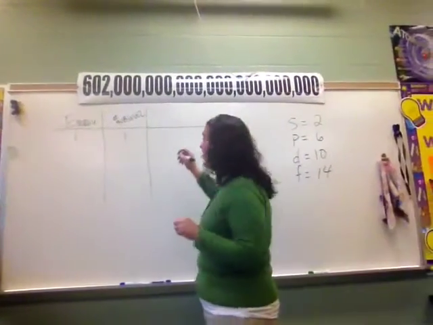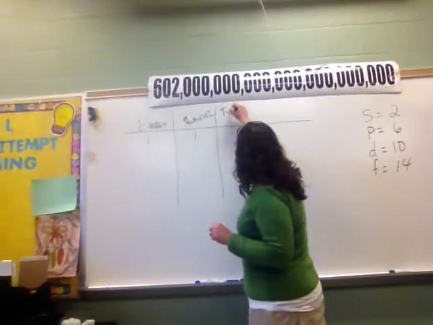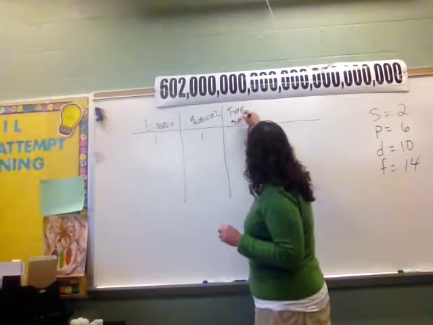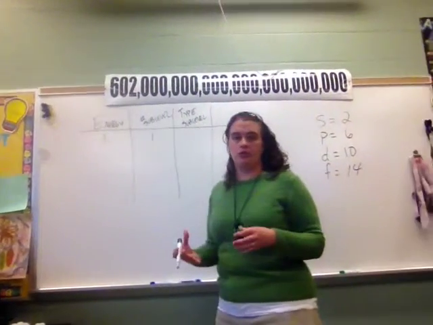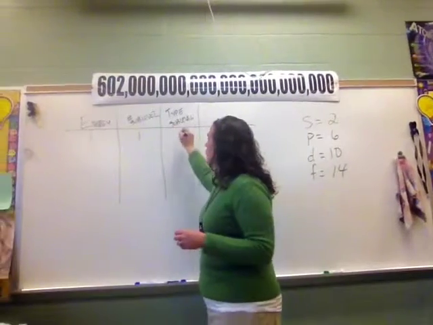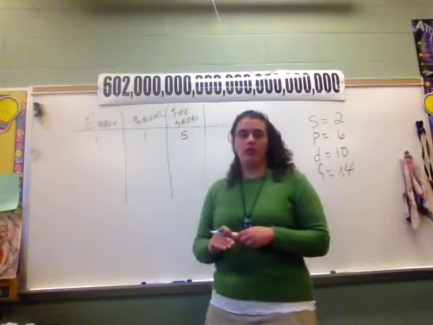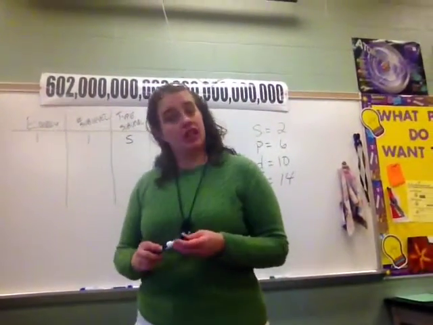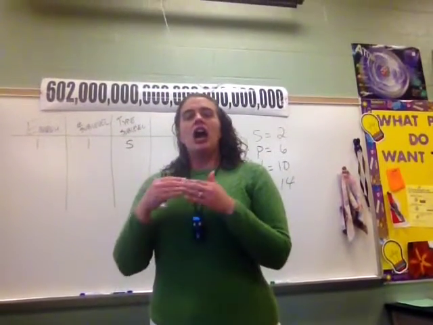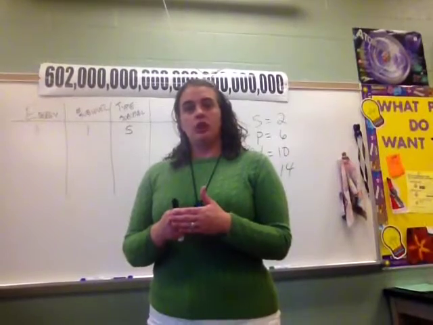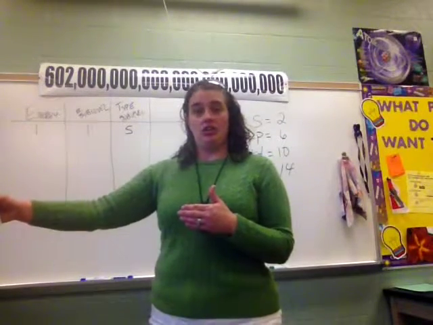And by sublevel, I actually mean the type of orbital. So I'm going to start with the S. Here's the thing that you will notice as we start doing what we refer to as electron configurations. We fill electrons from lowest energy to highest energy.